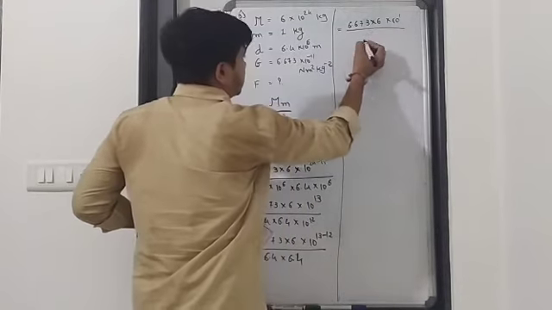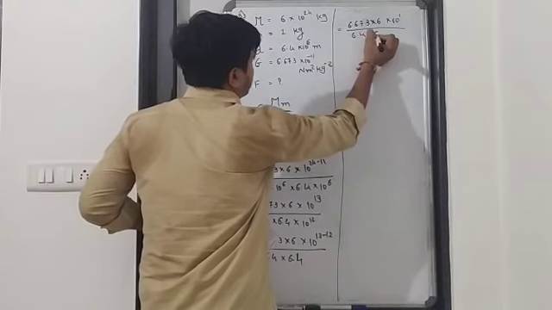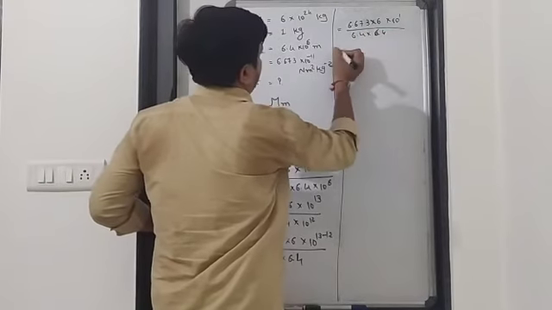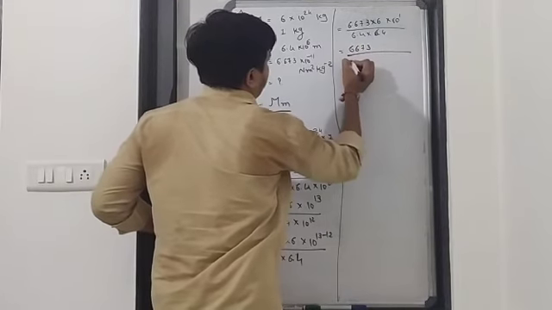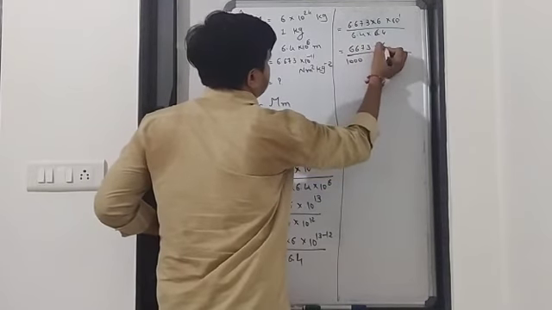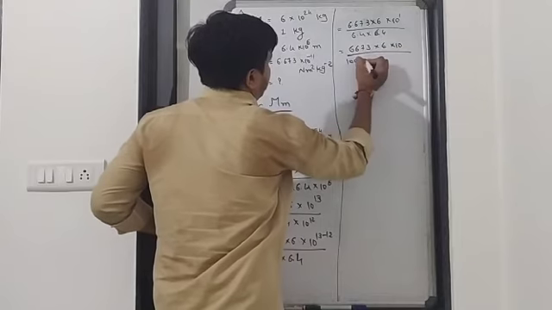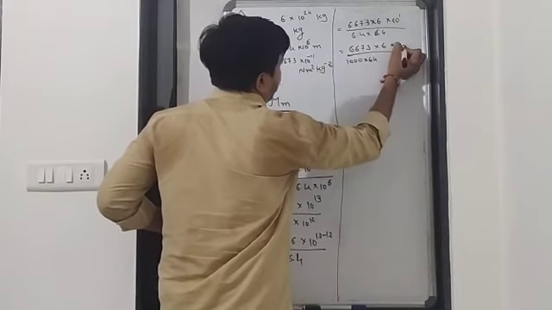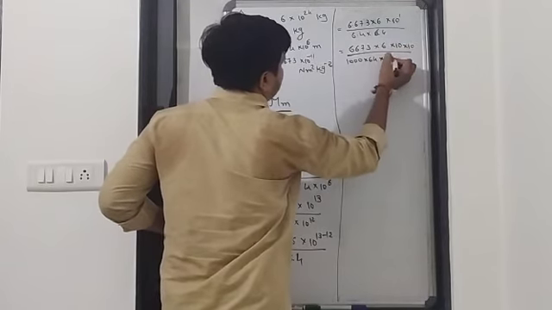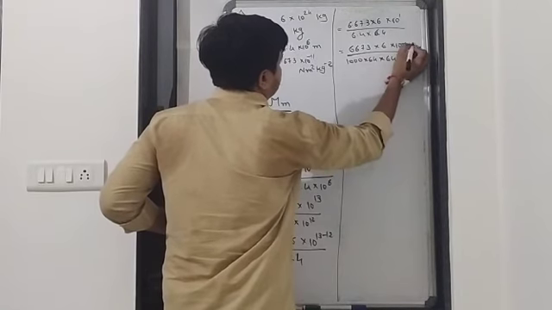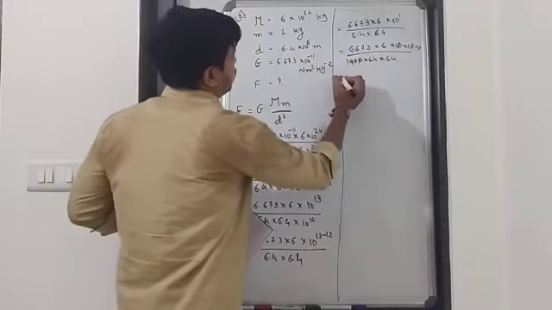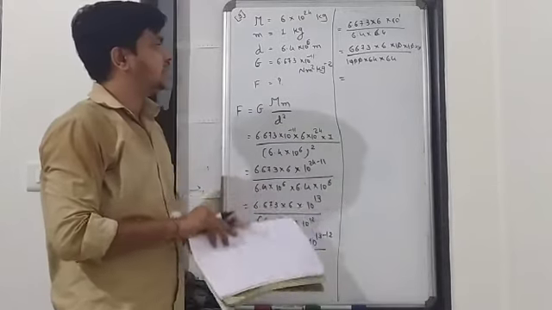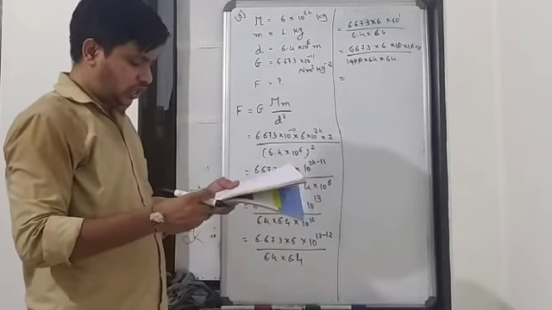Divide by 6.4 into 6.4. Now I am removing the point. Then divide by 1000, 6 into 10. Here 64, then 10. Here 64, then also 10. These zeros are cancelled out, right? So it gives you 6673 into 6 divided by 64 into 64.